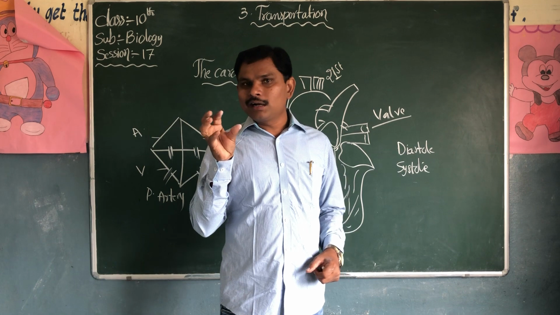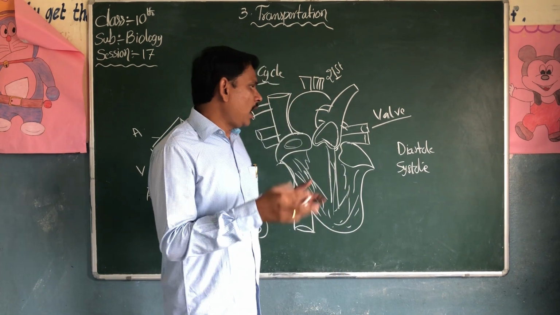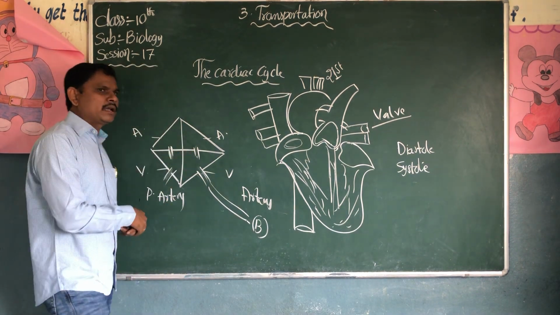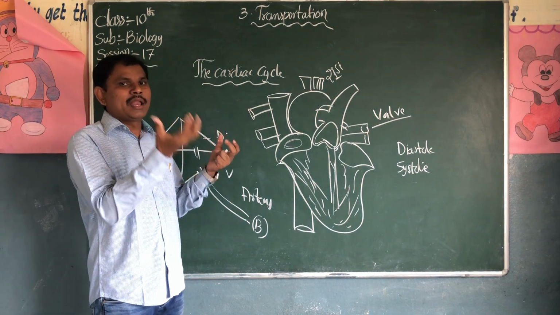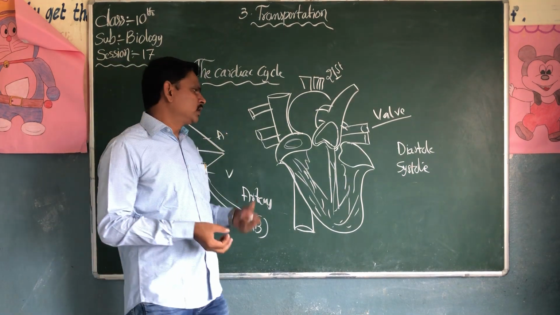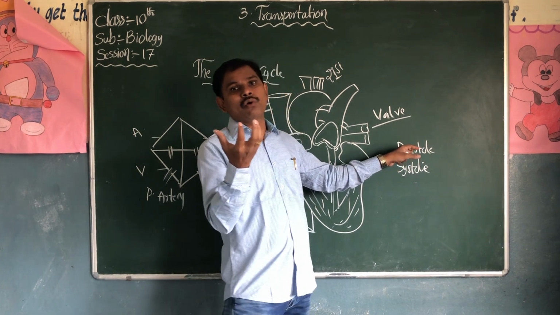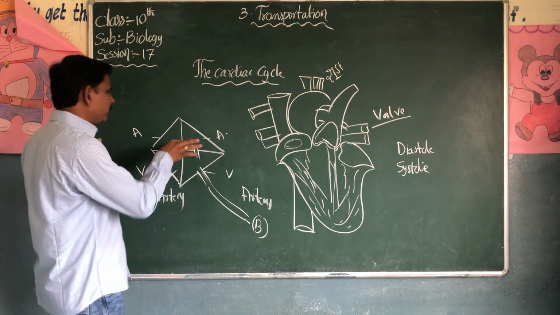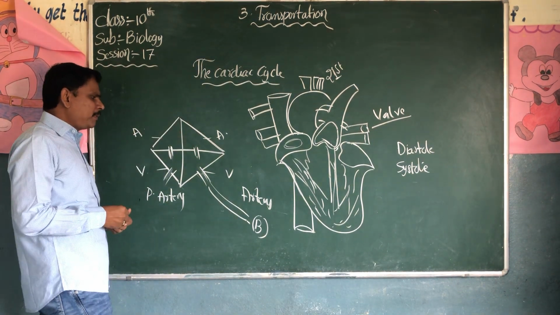Systole is the contraction phase. So now imagine that these 4 chambers are in relaxation stage, in diastole. When the 4 chambers are in relaxation state, what happens?